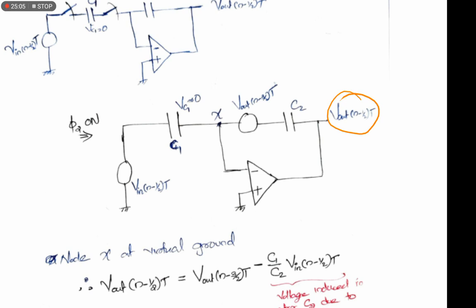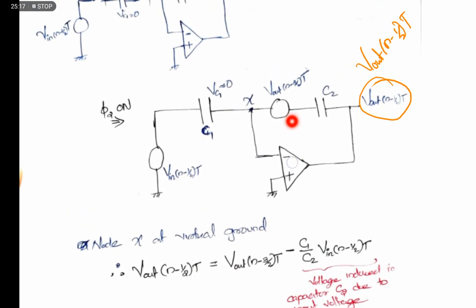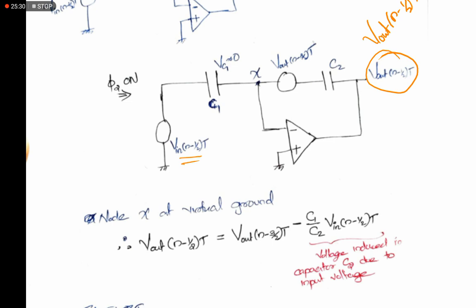In that half cycle itself, the Vout at (n minus 1/2)T up to nT is nothing but the voltage across capacitor C2 itself, Vout of (n minus 3/2)T, plus the voltage due to the voltage in capacitor C1.